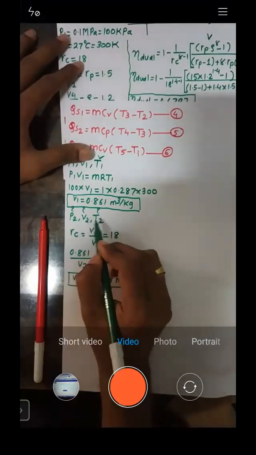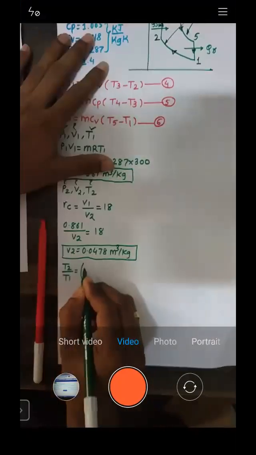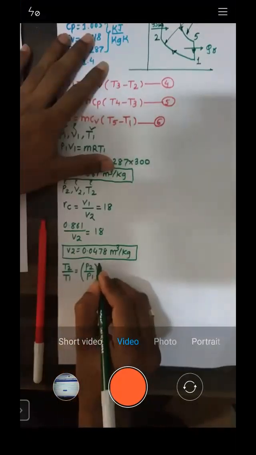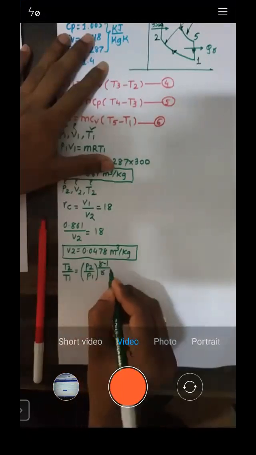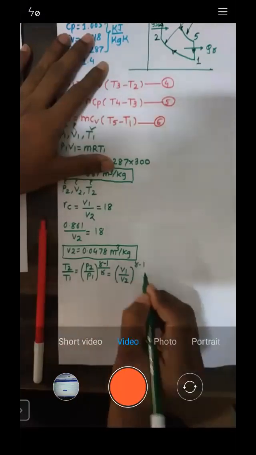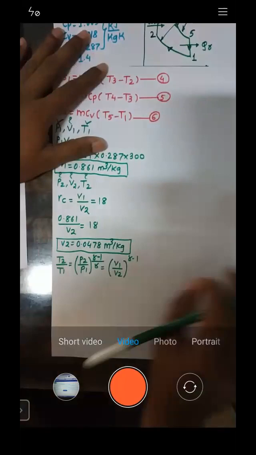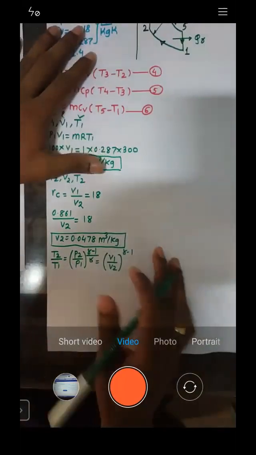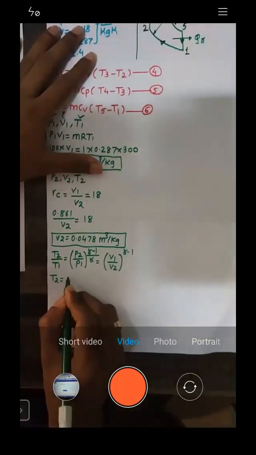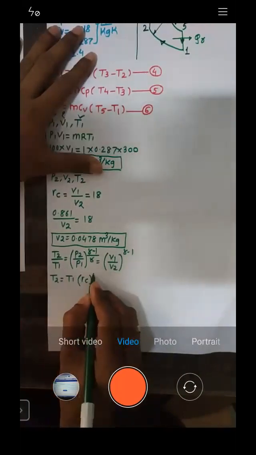For an isentropic process, T2 by T1 is equal to P2 by P1 raised to power gamma minus 1 by gamma, which is equal to V1 by V2 raised to power gamma minus 1. So from this I will get T2. T2 is equal to T1 into V1 by V2, which is RC, raised to power gamma minus 1.